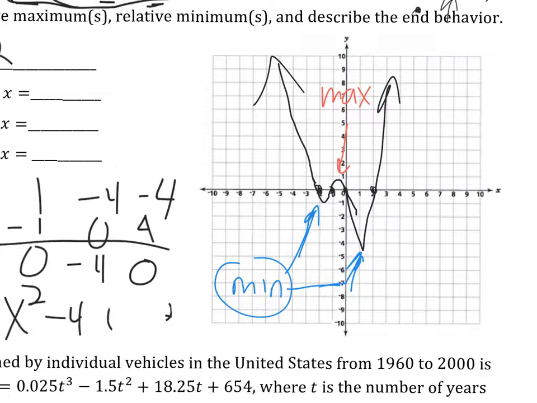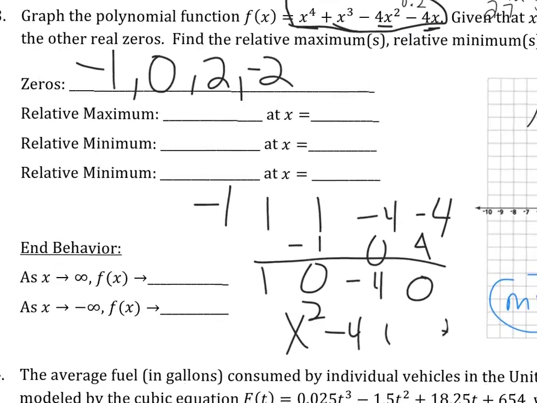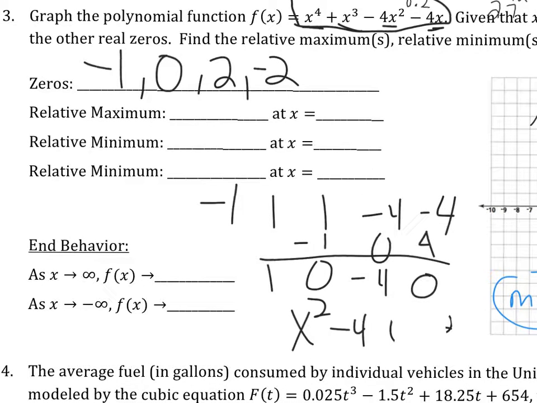If I calculate the first minimum, that's going to be at negative 1.6, and that's going to be negative 1.4. The other minimum is going to be at 1.3, and it's going to be about negative 7.